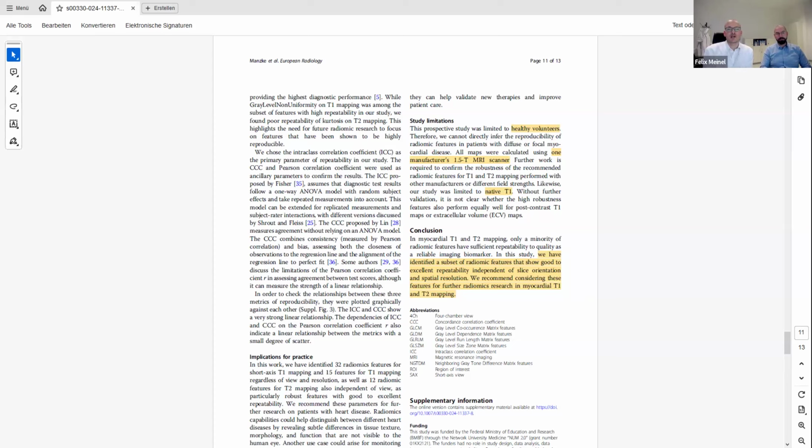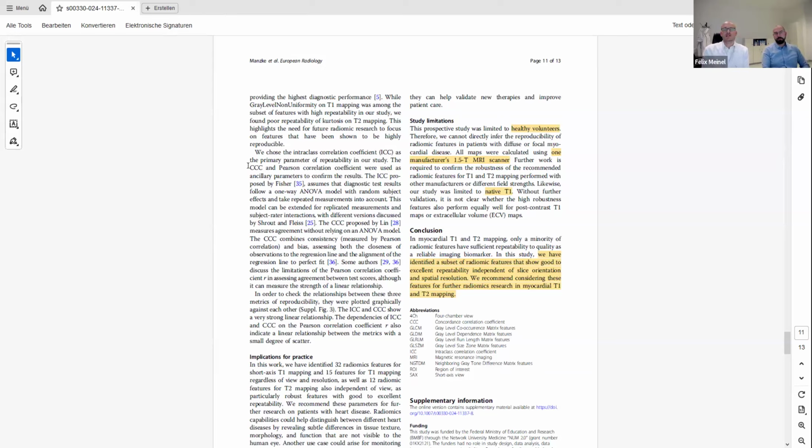And sorry, the second part was... The second question was about the quality of the maps. So were the maps themselves reproducible, like the values that you measured for T1 and T2? And that's a great question. This goes back to another analysis of this data, which was published in a separate paper where we looked at regional differences in the reproducibility of mean T1 and T2 mappings.